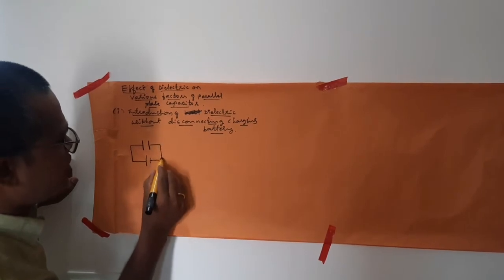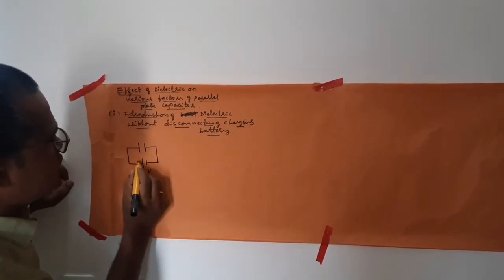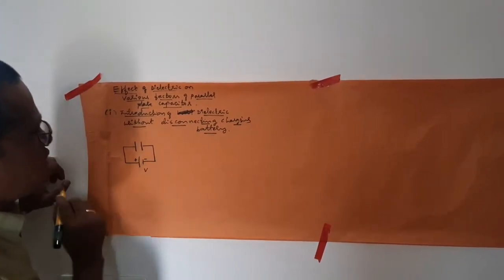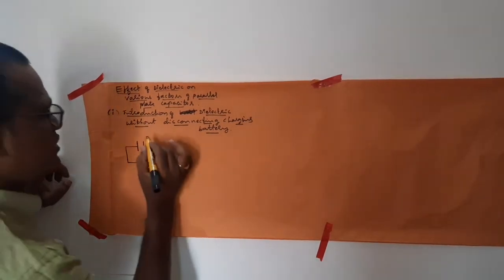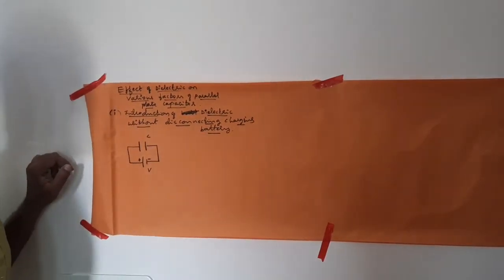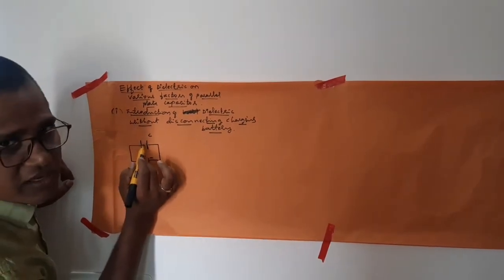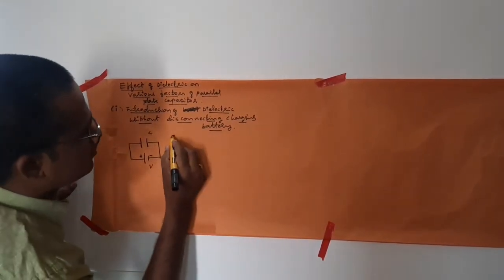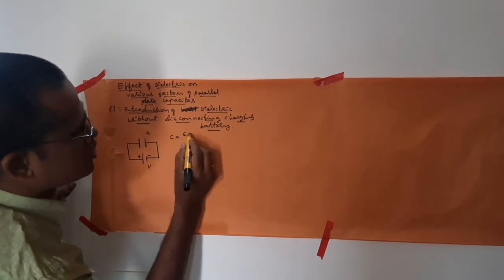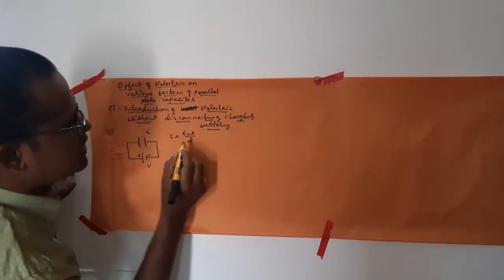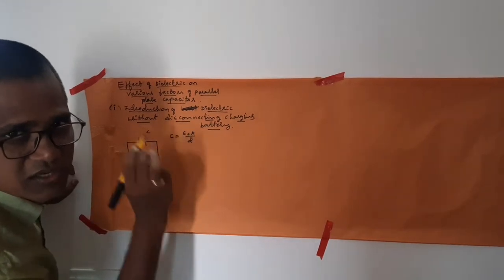This is a battery of V volts, positive, negative. This is the capacitor, its capacity is C. When vacuum or air is there, its capacity is epsilon naught A by D, where D is the separation between the plates, A is the area of the plate.